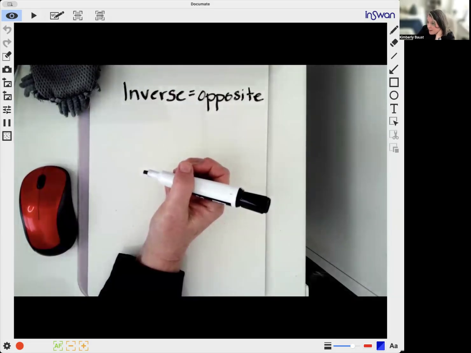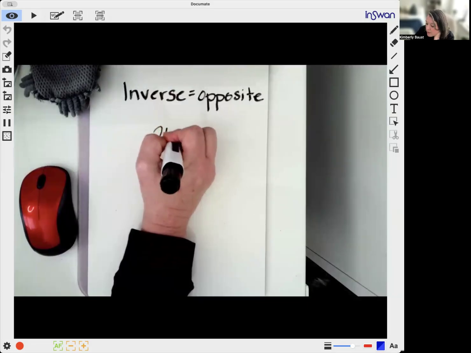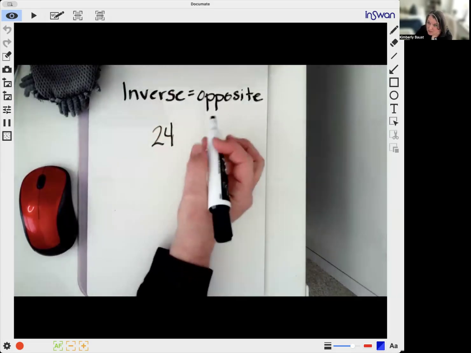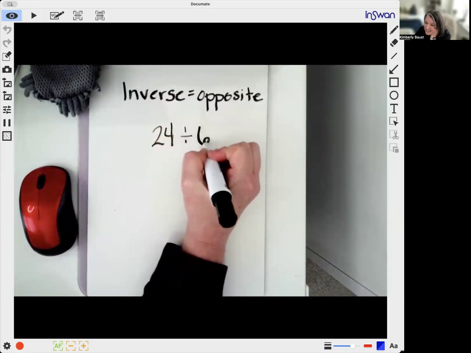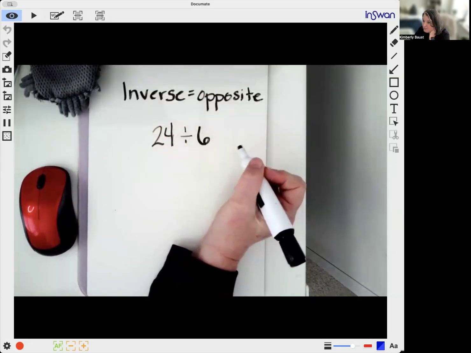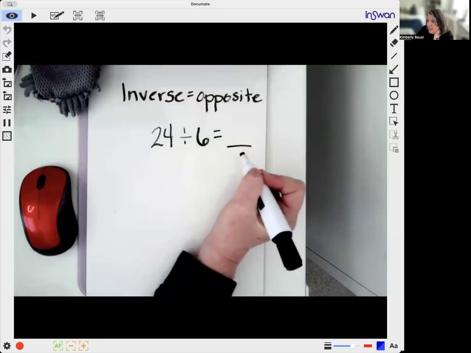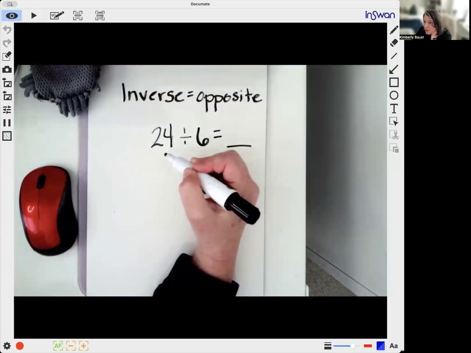As a matter of fact, I bought 24 pears. I want each student in my class to get 6 pears. Okay? So how many students can get 6 pears if I only have 24?